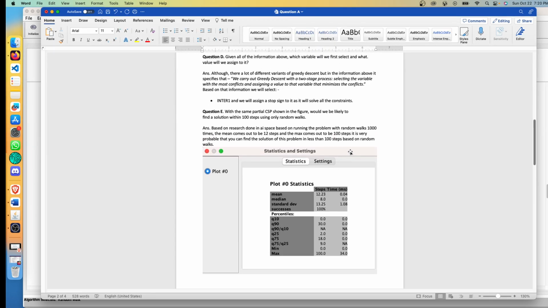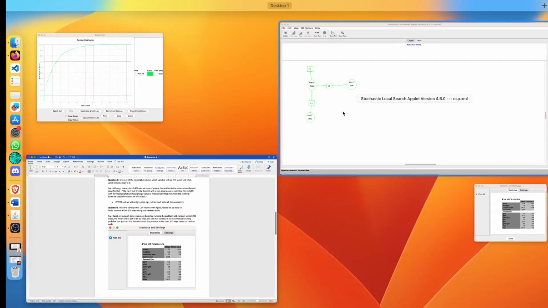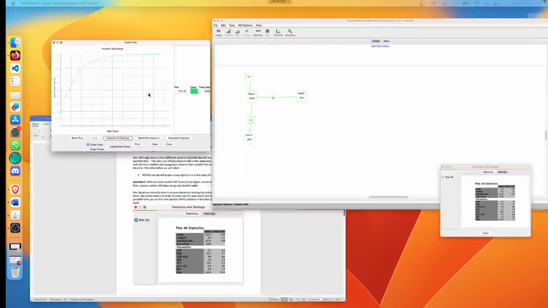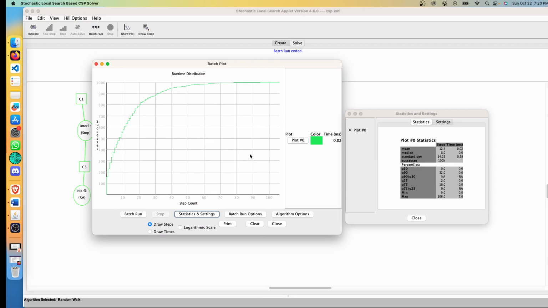So based on that information, I can say it is very probable that you can find a solution within 100 steps. I can run this problem too, as I've run it here. You can see for the second time, this time the max was 106, but the 90th percentile is 32.